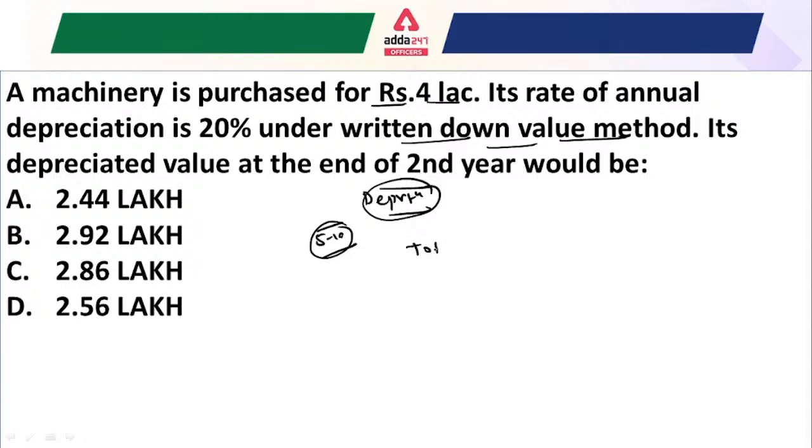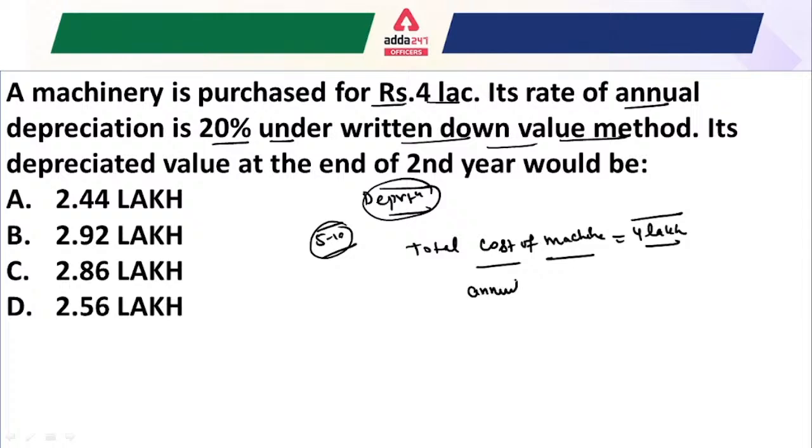How do we solve these kinds of questions? We always have to include the total cost of the machine. Here, no other cost is given. The total cost of the machine given here is 4 lakh rupees, so just write 4 lakh rupees, and its annual rate of depreciation is given as 20%.